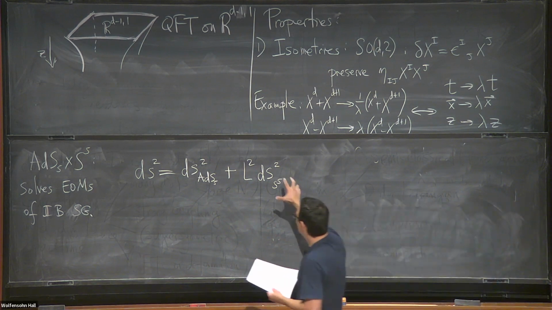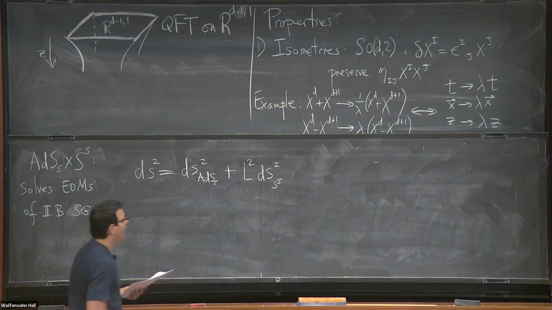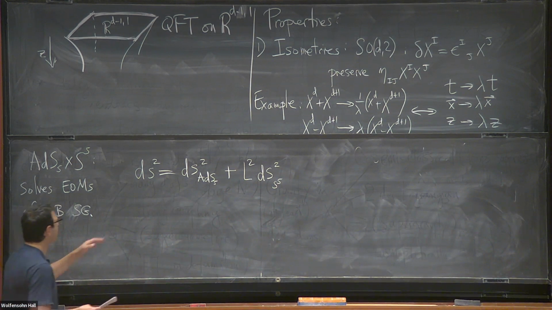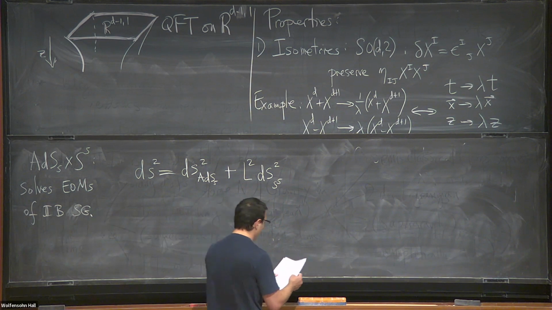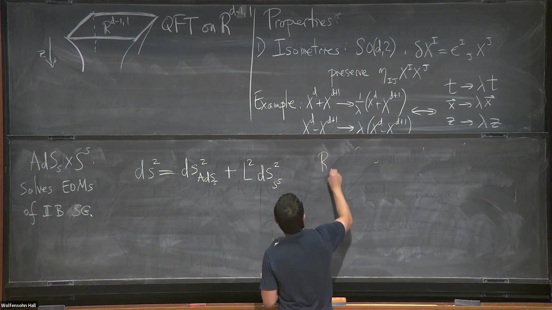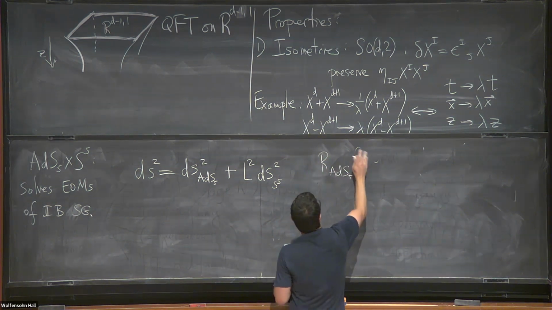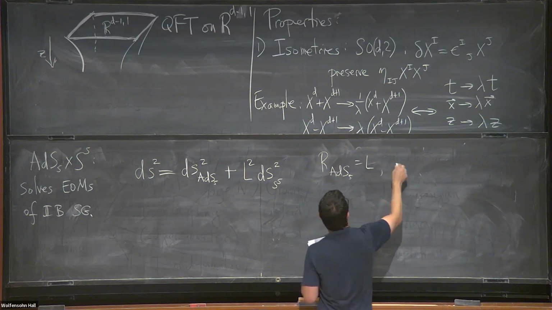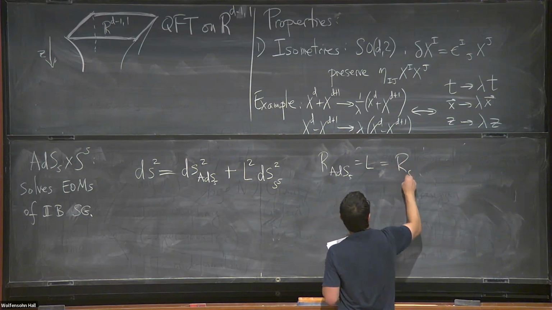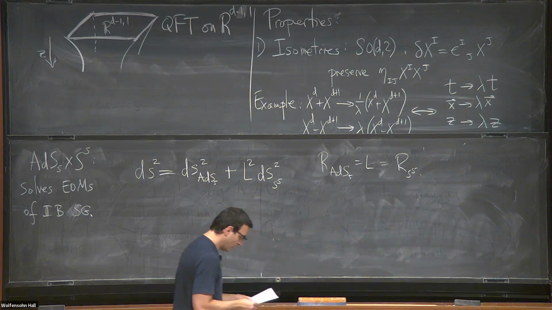For S5, I wrote down ds S5 squared, meaning the metric of a unit radius sphere. If I put L squared up front, this would be a sphere of radius L. What I mean by this formula is that the radius of AdS5 here is L, and the radius of S5 is also L. They have equal radii.